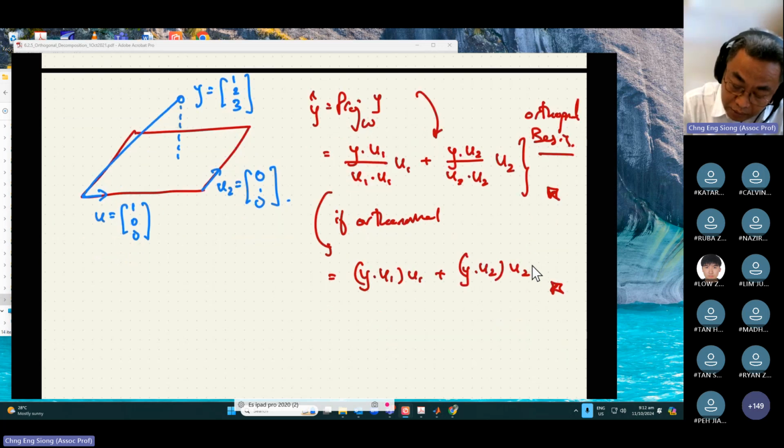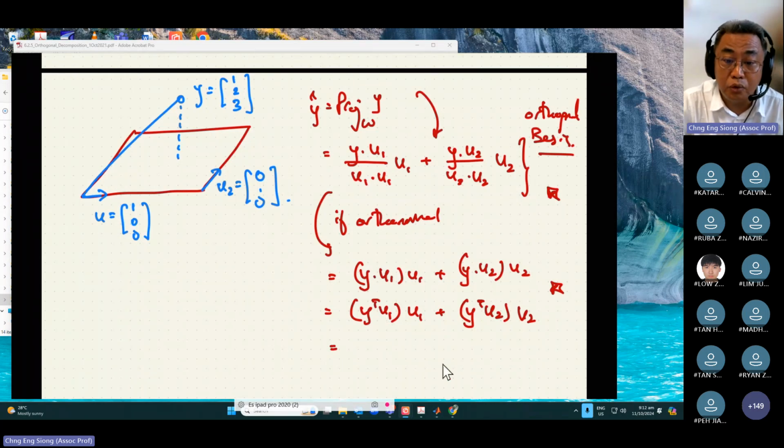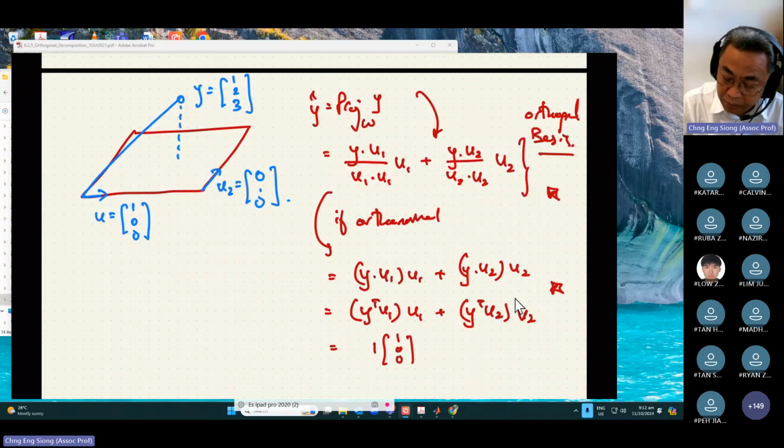So whenever I see y dot u1, I write y transpose u1, scalar, u1, plus y transpose u2, scalar, u2. Of course, you can write u1 transpose y, no problem. So 1, 2, 3, u1 is 1 times 1, 0, 0, plus y transpose u2 is 2 times 0, 1, 0.